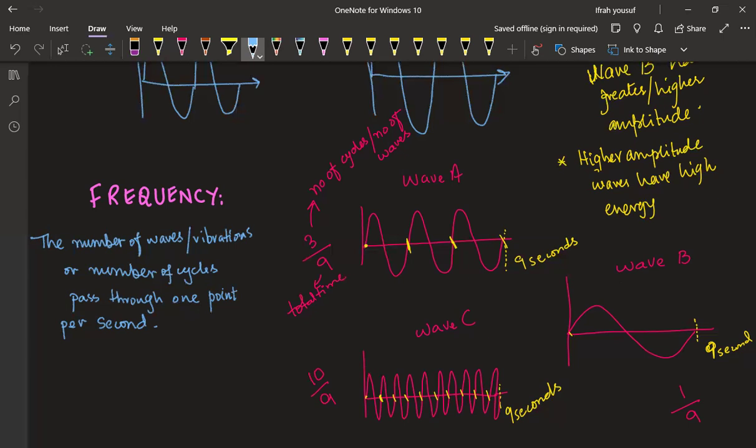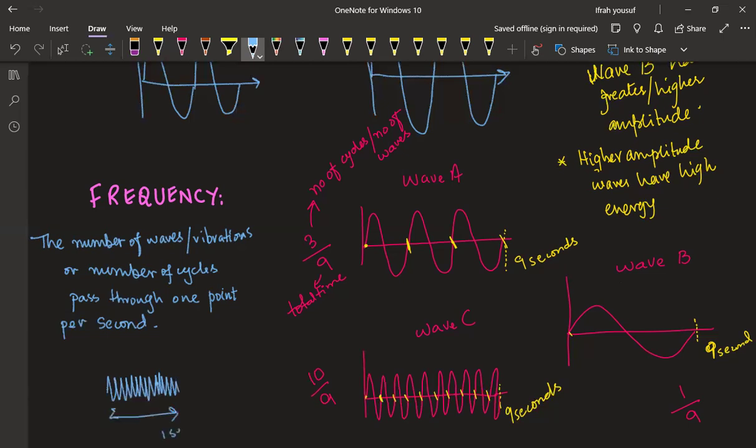Why are we saying 1 second? Because when you divide them, you will get the answer for 1 second. Again, when you divide this, you will get the answer for 1 second. So the number of waves, vibrations, or cycles pass through one point. If I mark one point here, how many vibrations are passing through this point in 1 second?